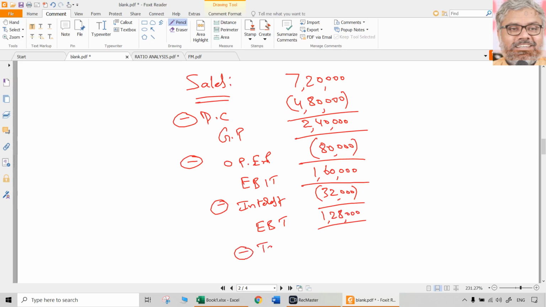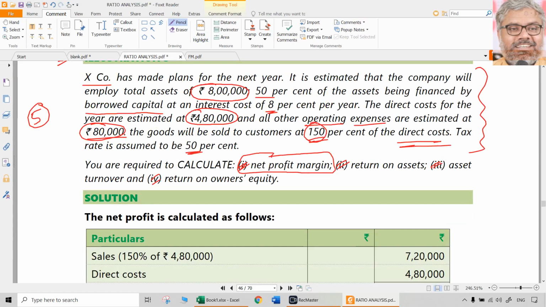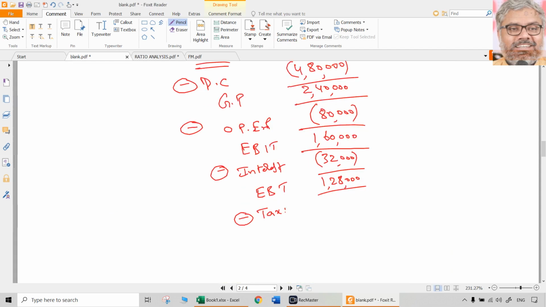From that deduct tax. We know how much is the tax. How? Because it is given as 50% tax rate per convenience. So that will be naturally 64,000. Right? 1,28,000, 50% means 64,000.